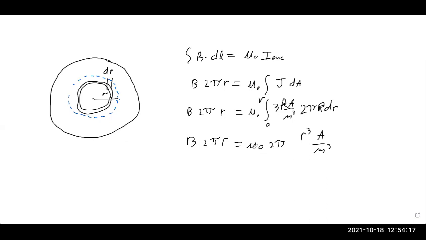And then we can just divide both sides by 2 pi r. So we just get mu naught r squared, Teslas per meter squared.